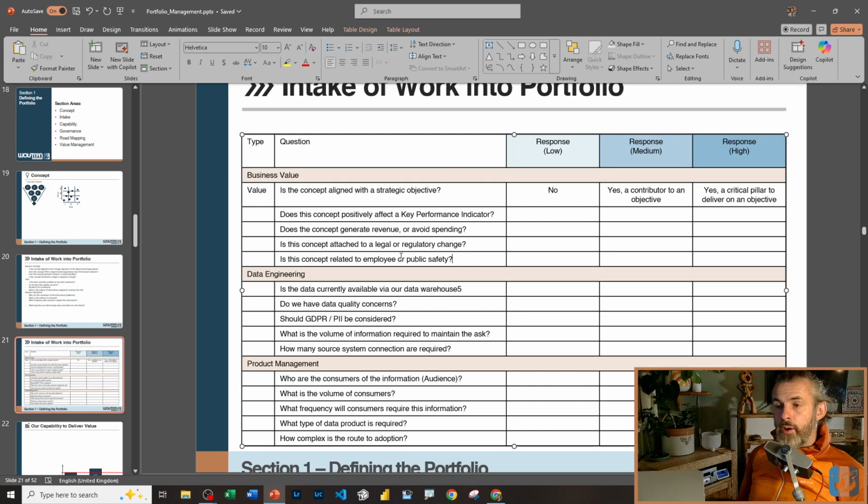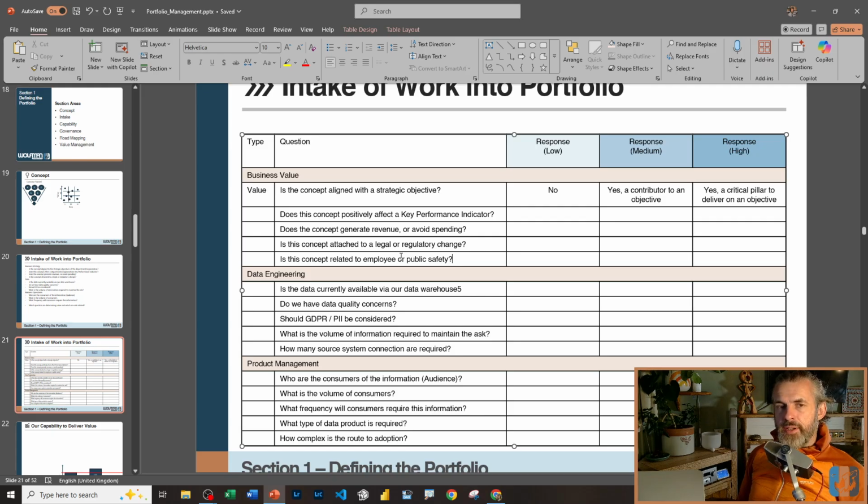But I think that would be a really interesting conversation to have if I was in a room with some senior stakeholders and they said to me that this is aligned to a strategic objective, but it doesn't affect a key performance indicator, then something's gone wrong somewhere.